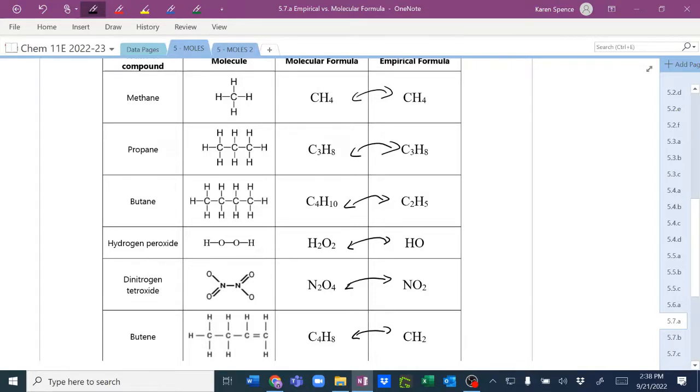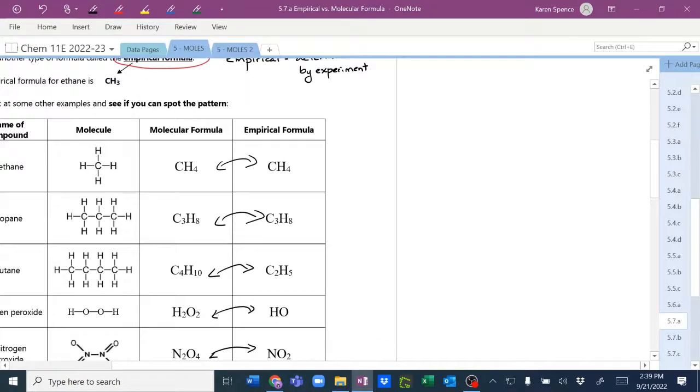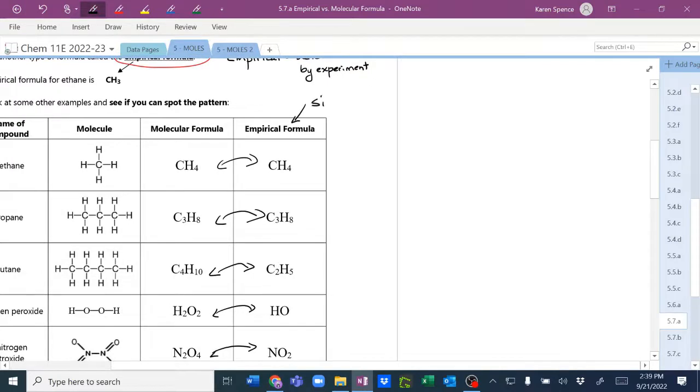So how do the two relate to one another? The empirical formula, you take the molecular formula and do what with it? You simplify it as much as possible. So the empirical formula is the simplest whole number ratio.